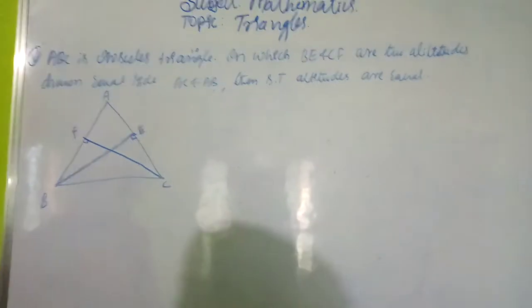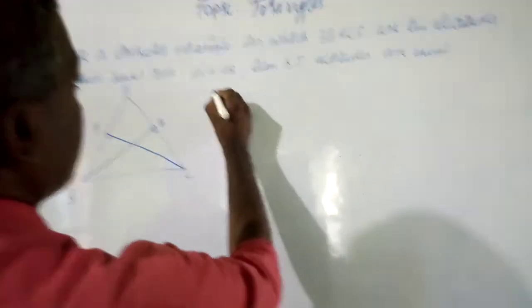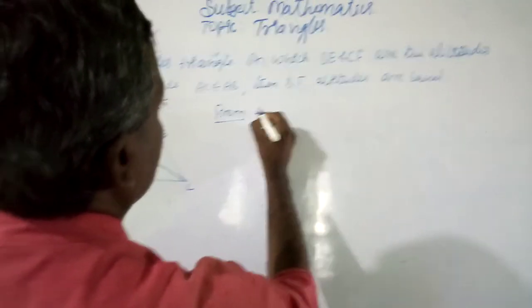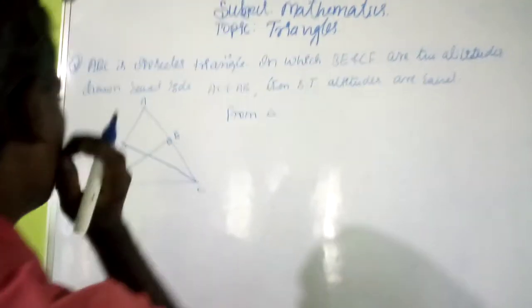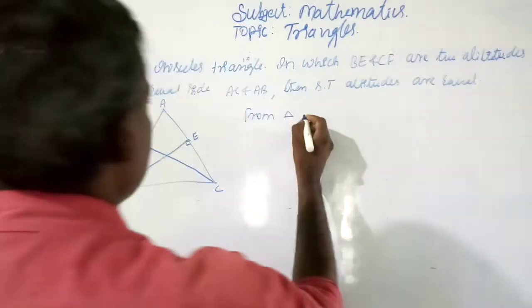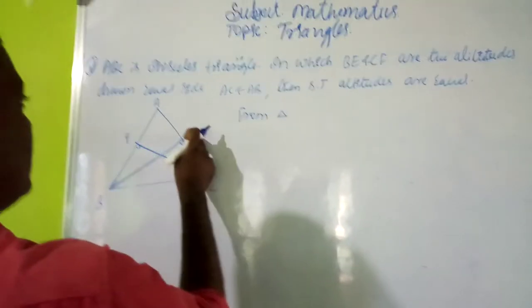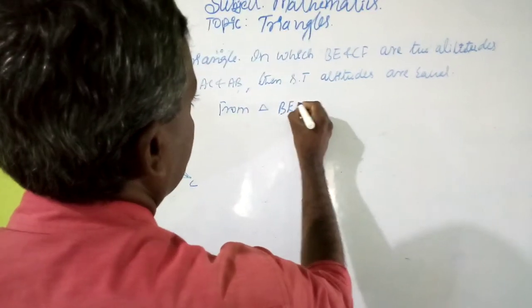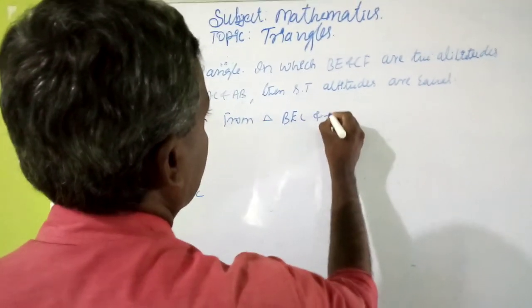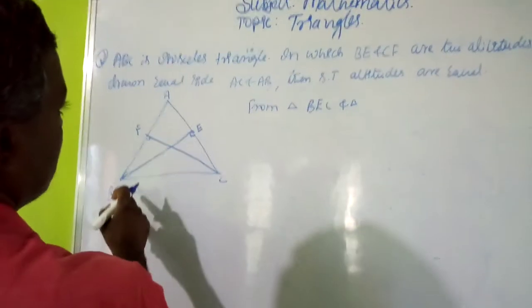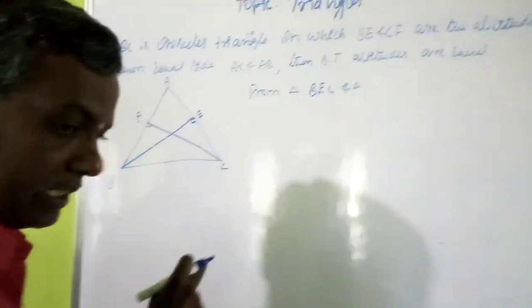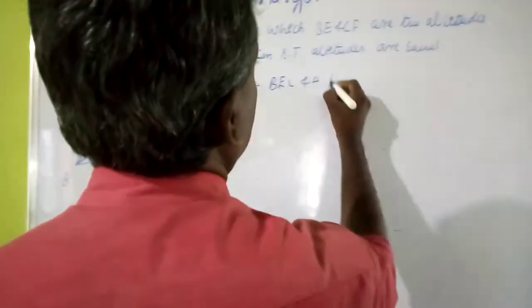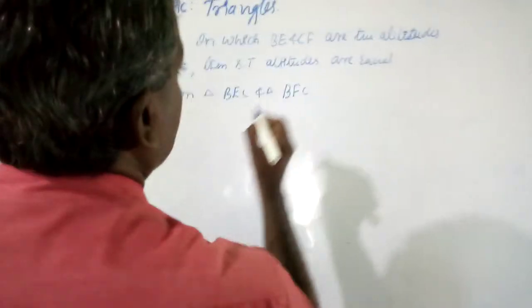So now from the diagram, let us take triangle BEC and triangle BFC.